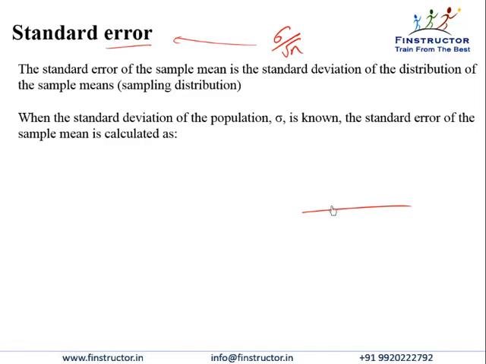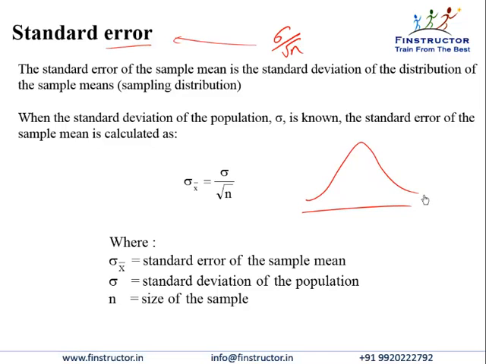So the sampling distribution has a mean mu and variance sigma square by n. The standard deviation of this distribution, the distribution that comes from the means of different samples, is also called the standard error of the distribution.